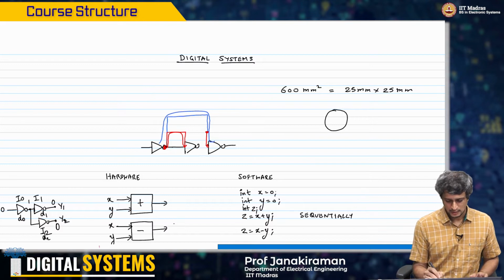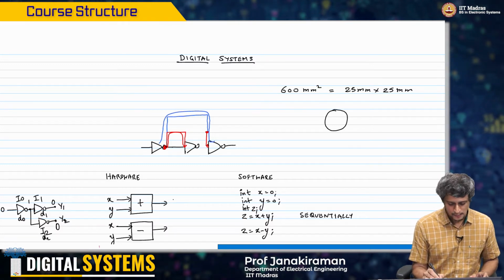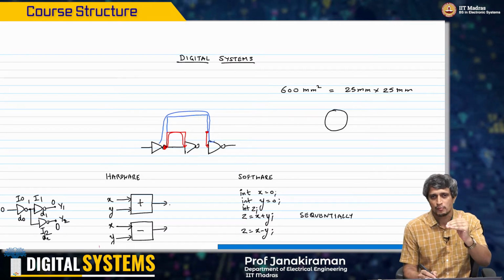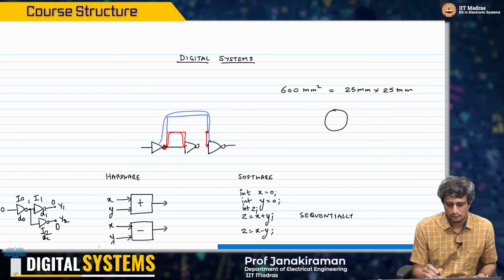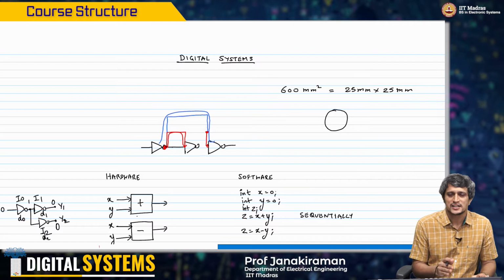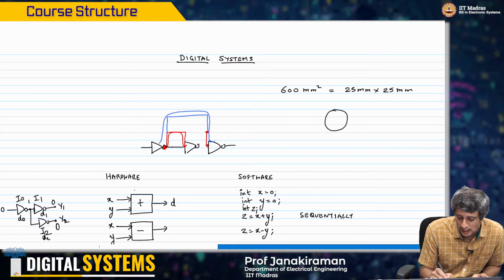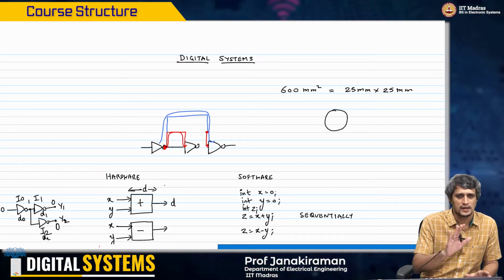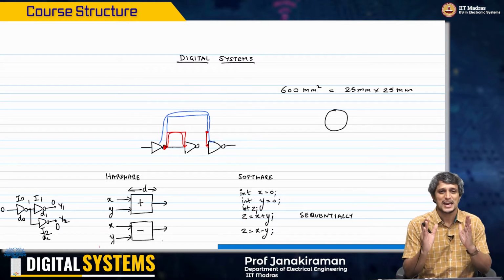If I give X and Y to the addition and subtraction block simultaneously, the output of the block will be ready, and let us assume that the delay is the same. The output of the block will be ready after some time delay. It will take some delay, but it will be ready after time d.